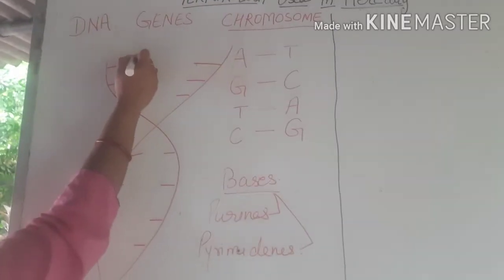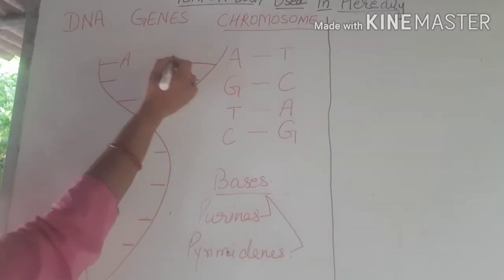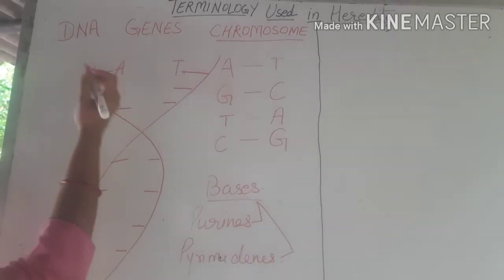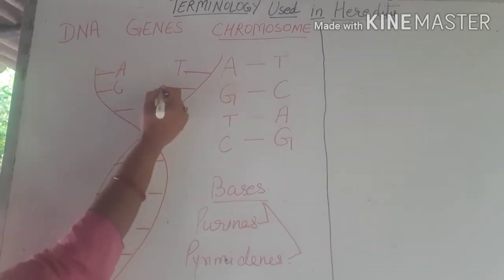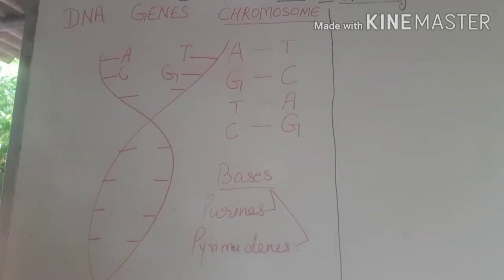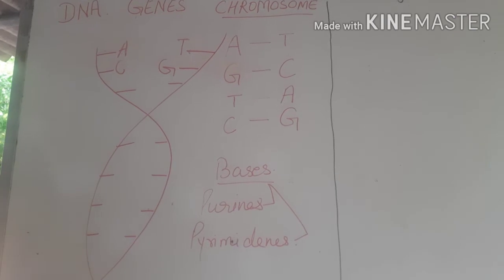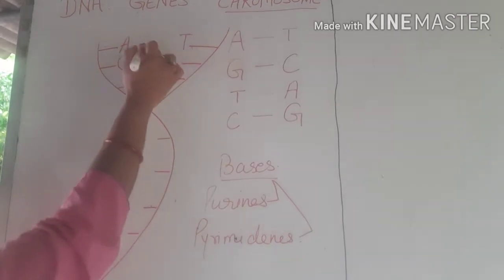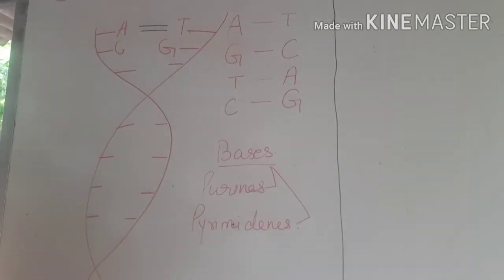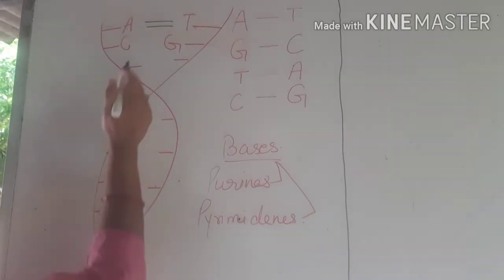Suppose here is A, you know it is going to combine with T. After this, suppose there is C, it will combine with G. One more thing: when they combine, A and T combine with a double bond and G and C combine with a triple bond.